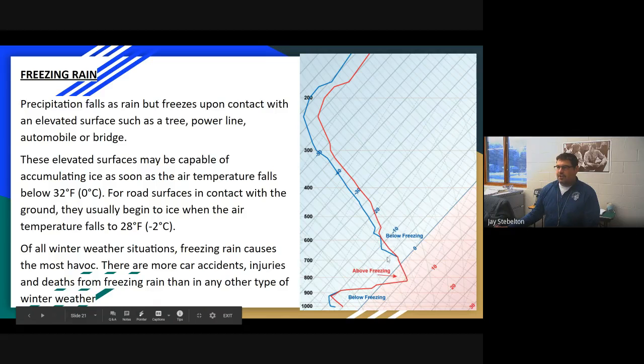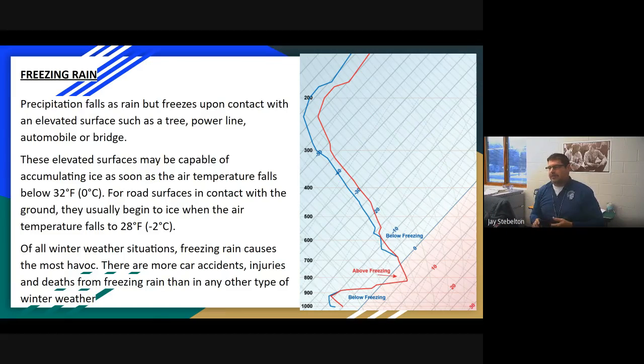Snowflakes usually form best between -10 and -20. If those snowflakes fall into a warm sector of air, they melt, and then they freeze again when they hit the ground. So that was the freezing rain we got last week.